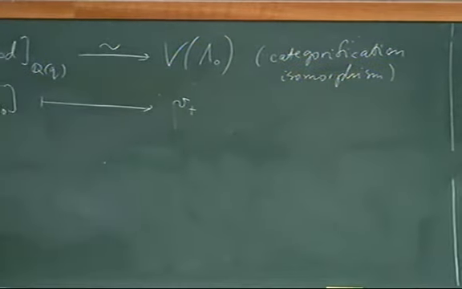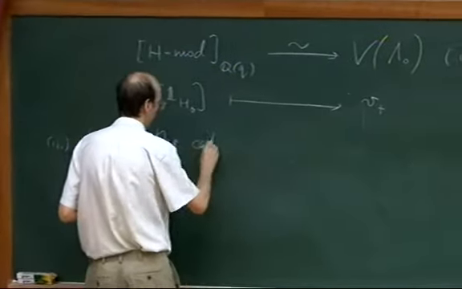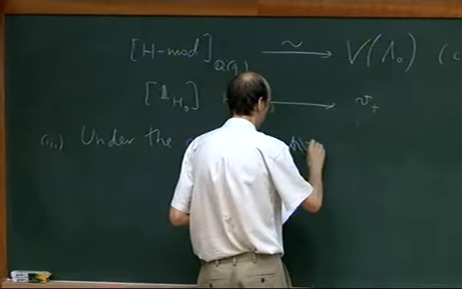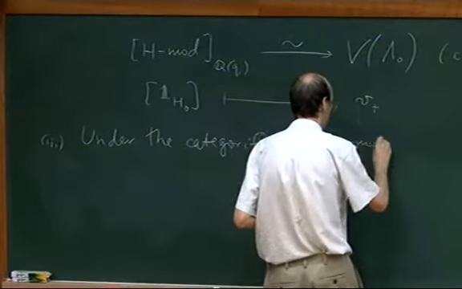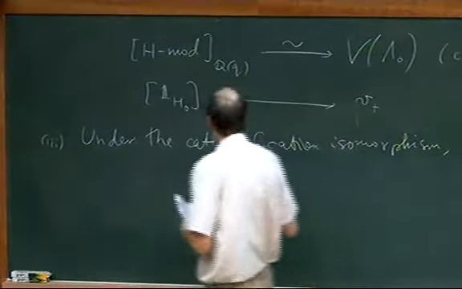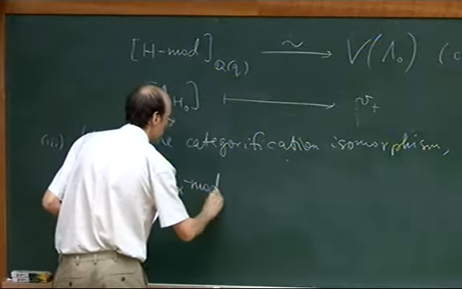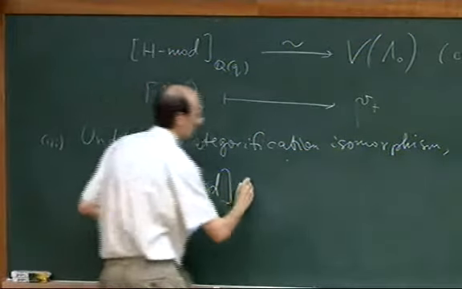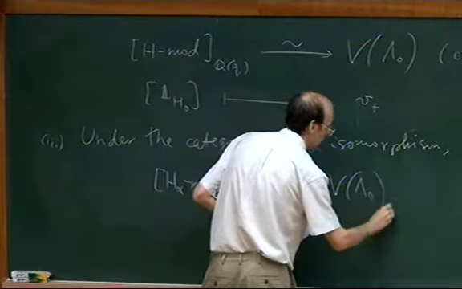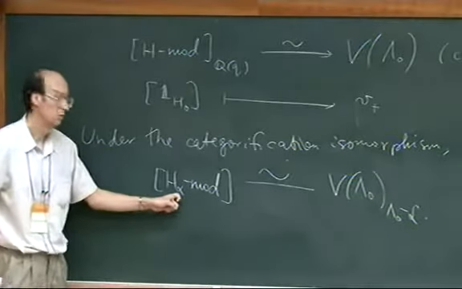So under the categorification isomorphism, this H_α-mod, which is a natural direct summand here, gets identified with the weight space of this module, which is precisely Λ0 minus α. So this is very convenient notation.